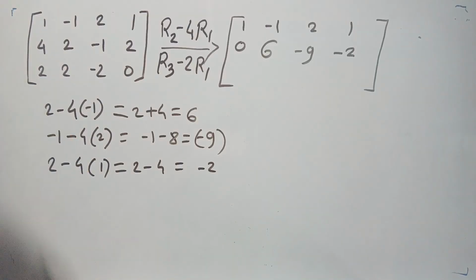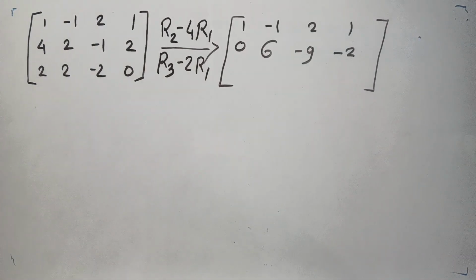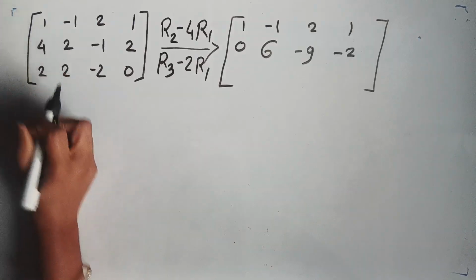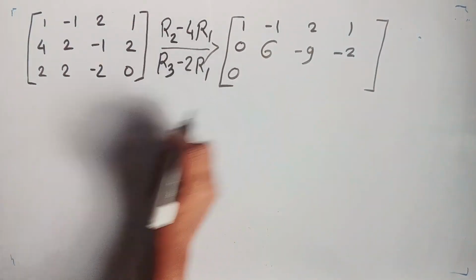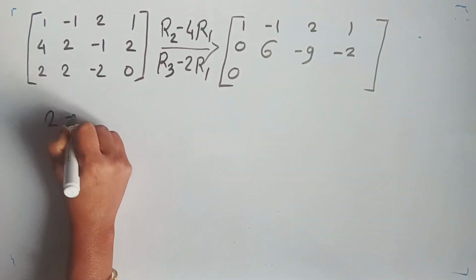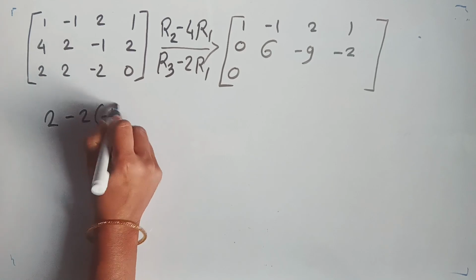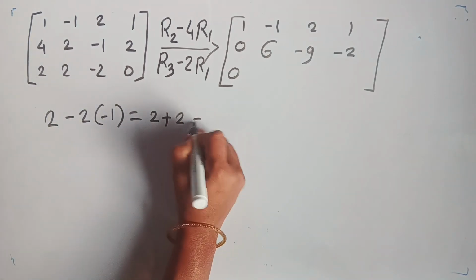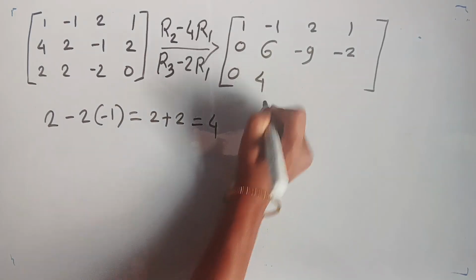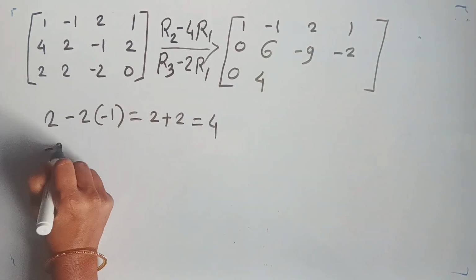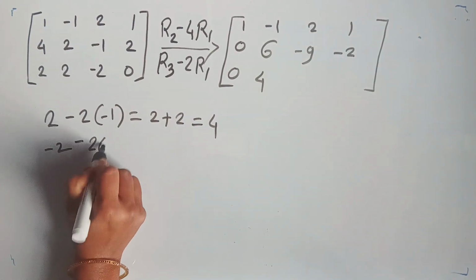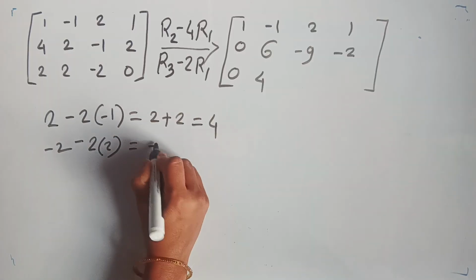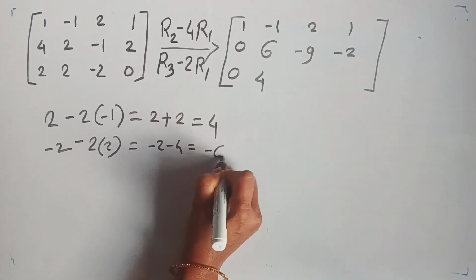Okay, and for this third row, 2 minus 2 times 1 is 0. Okay, 2 minus 2 times minus 1 is 2 plus 2 is equal to 4. Okay, minus 2 times 2, that is minus 2 minus 4 is equal to minus 6.